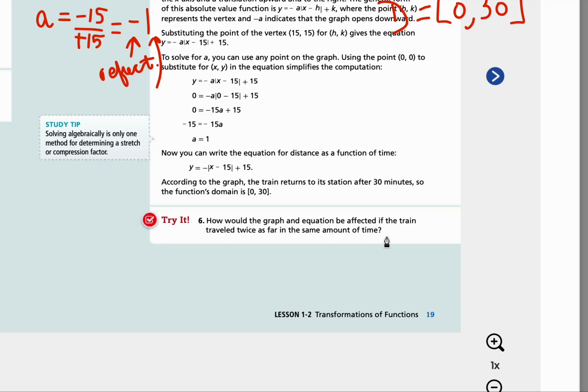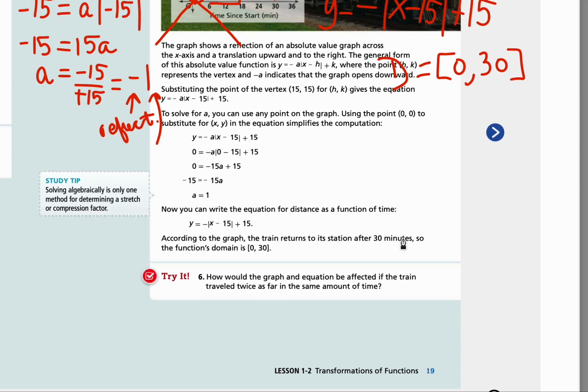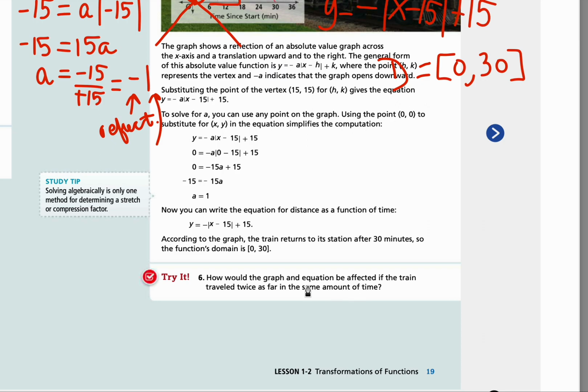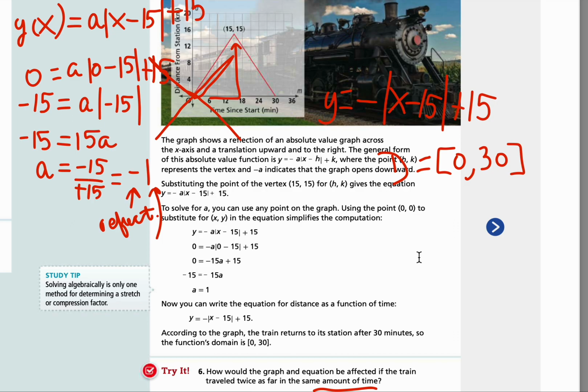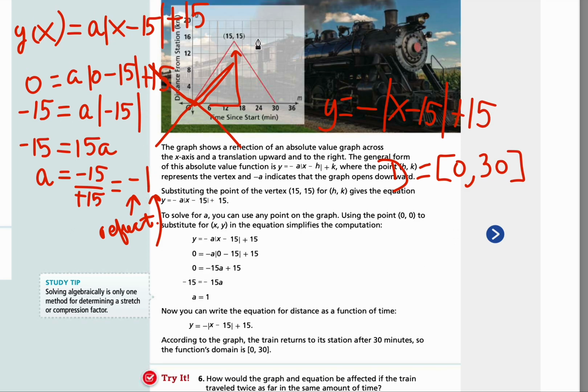So you're keeping the time, and the distance is doubling. So instead of 15, 15, you're doubling that and going up in the same amount of time.